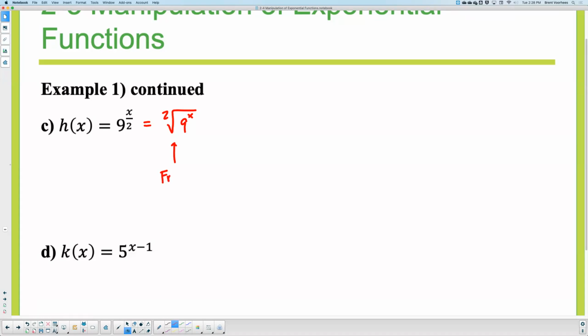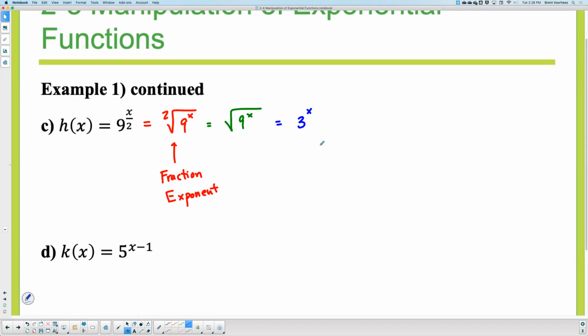That was from the fraction exponent rule. Now this can simplify. When you take a square root, you don't actually have to write that 2 there. You can just rewrite it as 9 to the power of x. What is the square root of 9? 3. So I can rewrite this as 3 to the power of x.